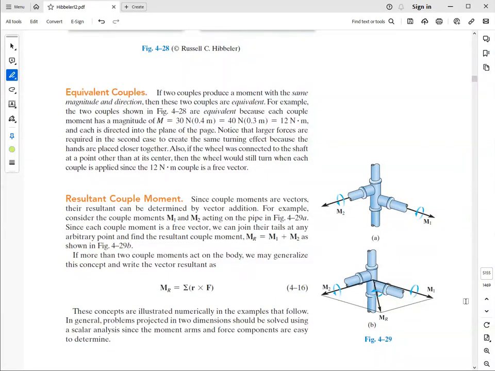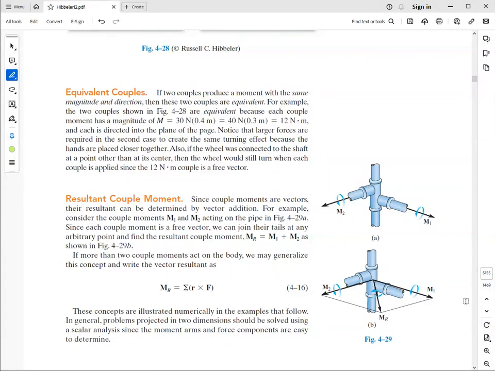Resultant couple moment. It's stated in several places in this chapter that a couple moment is a free vector.